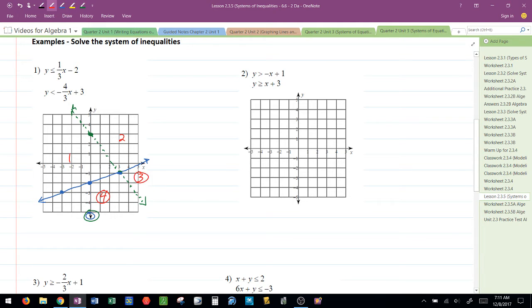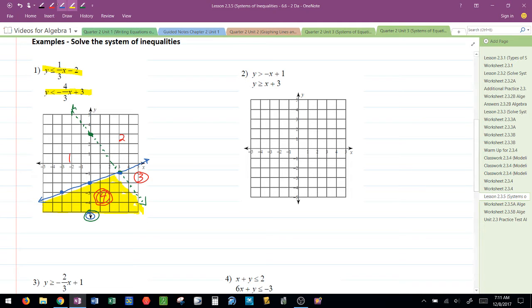It's going to be one of those two regions that'll be shaded because that's less than the blue line. The second one says less than the green line. So then I know it's got to be this region right here. And then I end up shading that. And remember, again, what the shading is representing is any point that I pick inside of this region will satisfy both the first and the second inequality.